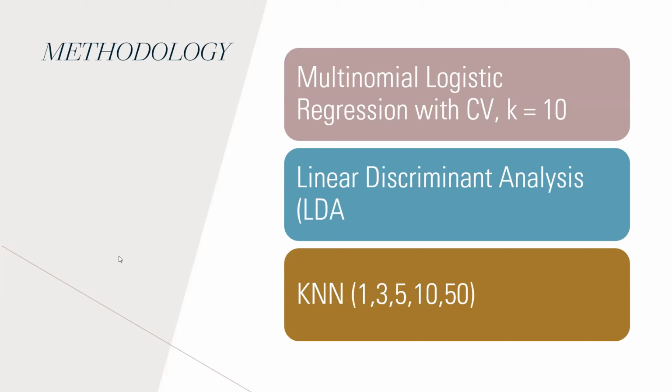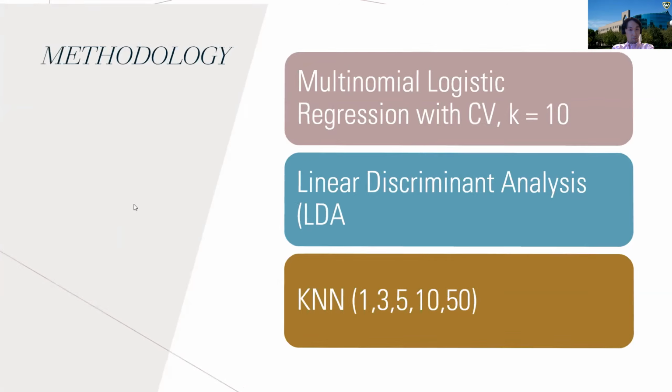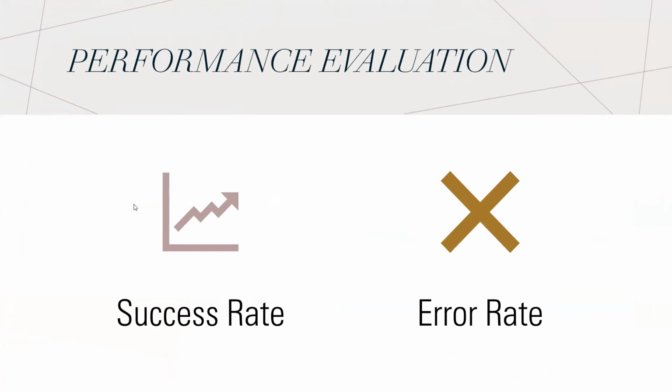As I was reading, they recommended multinomial if you have more than 2 response classes for logistic regression. For the evaluation, I focused mainly on the success rate and the error rate. Basically, I felt that if we just focus on whether or not they could accurately predict the state's tightening or loosening, that was the most important thing that everyday people will want to know, and people like us as well.